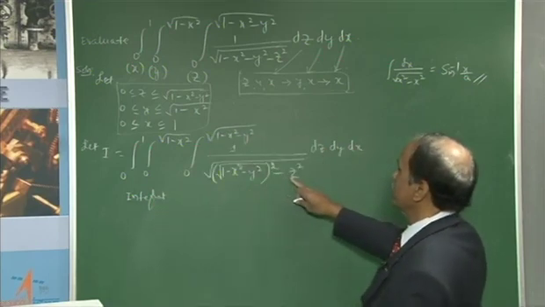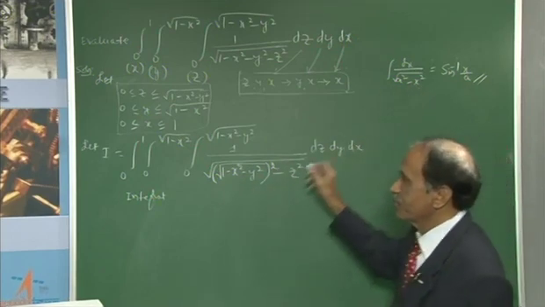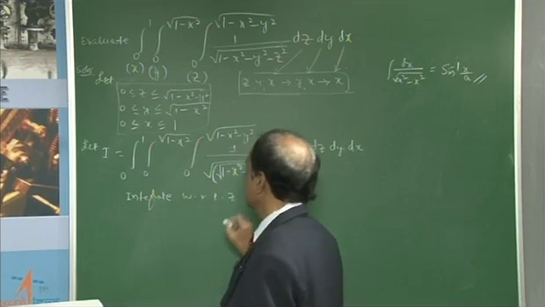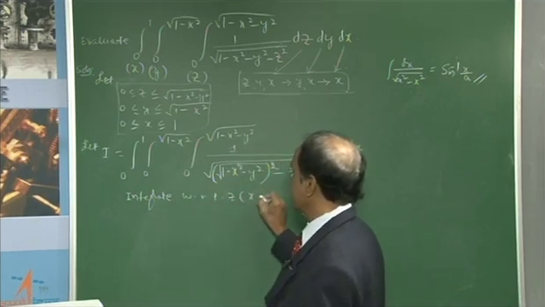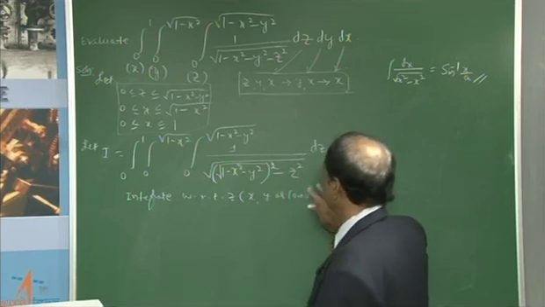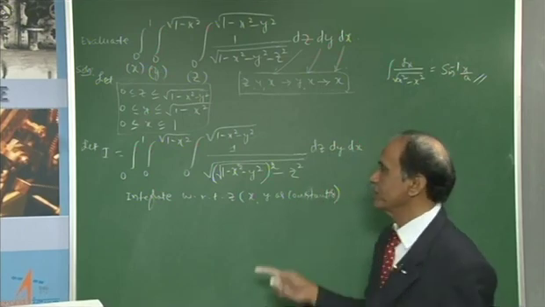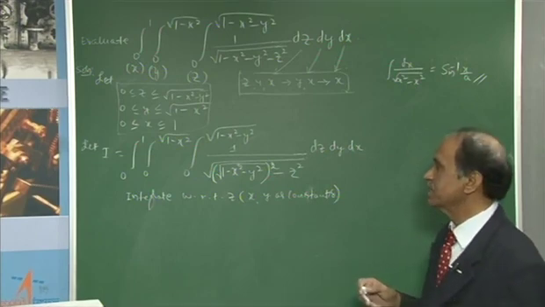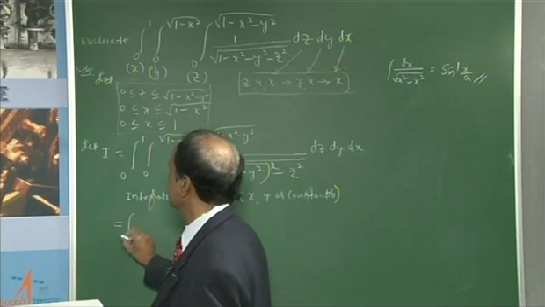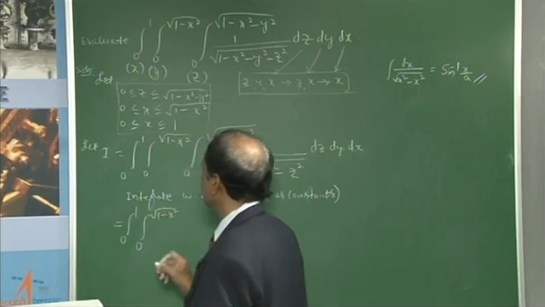Here z is the variable, and the remaining quantities are constants. So we integrate with respect to z, treating x and y as constants. The limits are 0 to 1 and 0 to root of 1 minus x square.